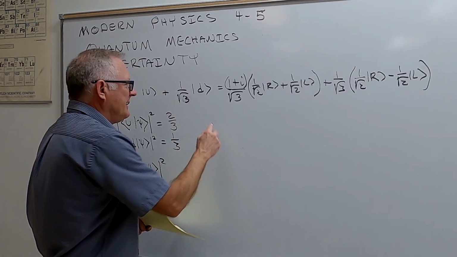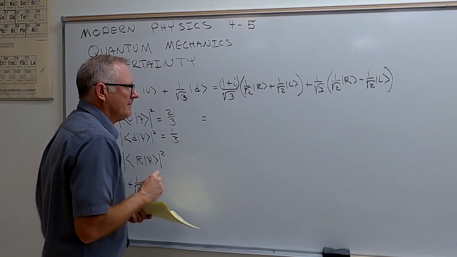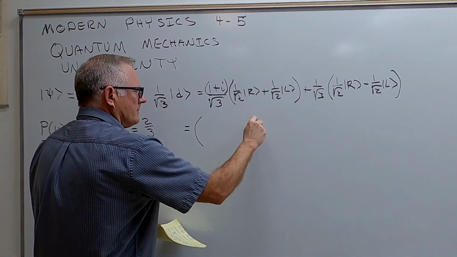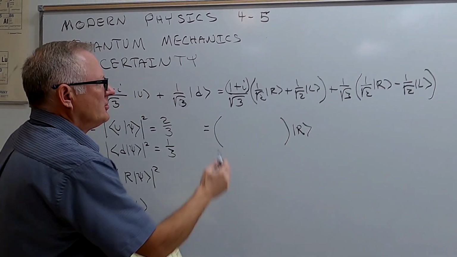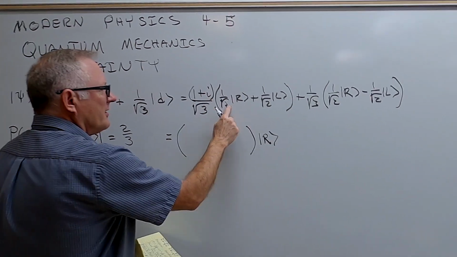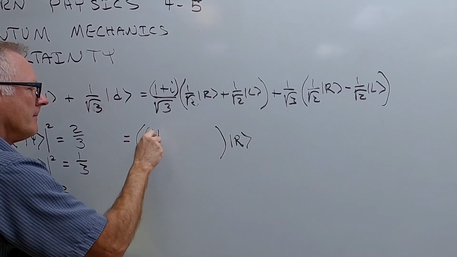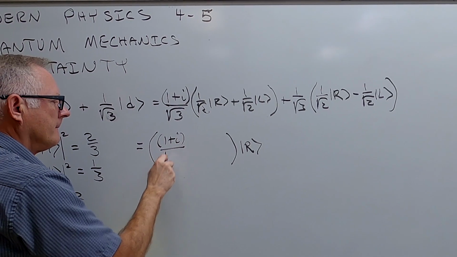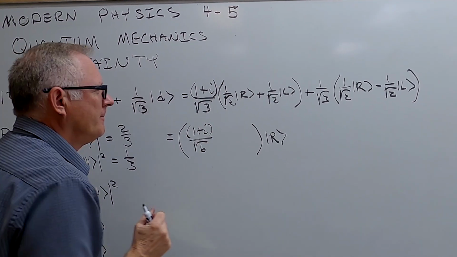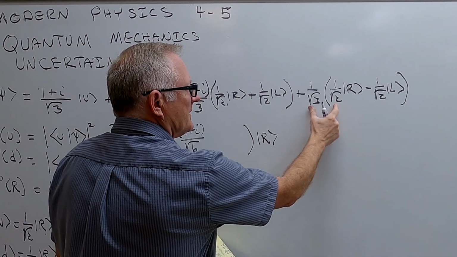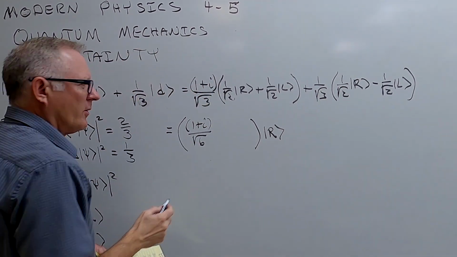I might as well combine the rights and the lefts. So everything with the right should be 1 plus i over the square root of 6, so that takes care of that term. And then over here, we just get plus 1 over the square root of 6.